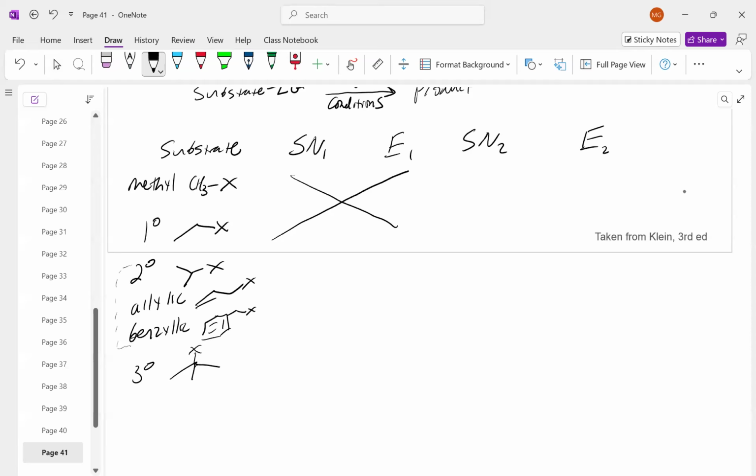The same thing applies to E1 since they both involve carbocation mechanisms. With methyl, it's pretty simple. You can't do a beta elimination on a methyl because there's no beta hydrogen to pull off. So the only thing that a methyl carbon can do is SN2.